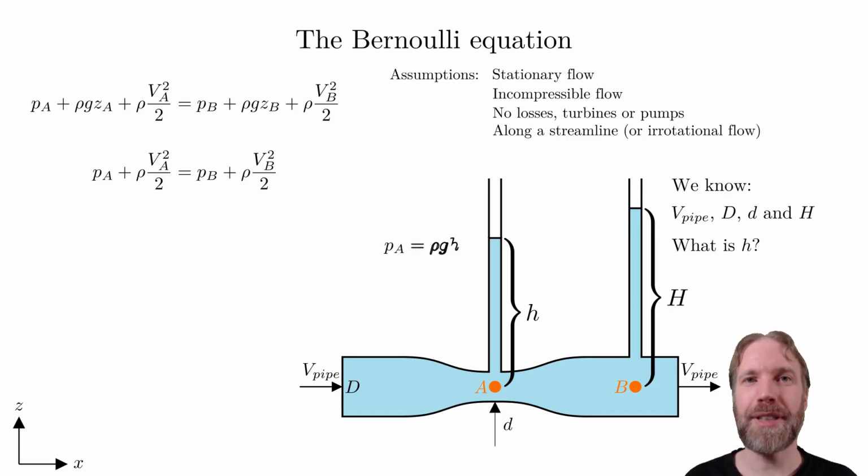The pressure at point A can be calculated using hydrostatic pressure, which we used right in the beginning of this video. Insert into Bernoulli. We can use hydrostatic pressure for point B as well. Insert this pressure into Bernoulli. The density cancels.